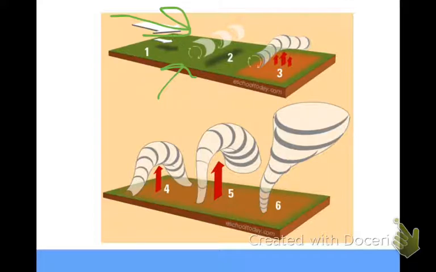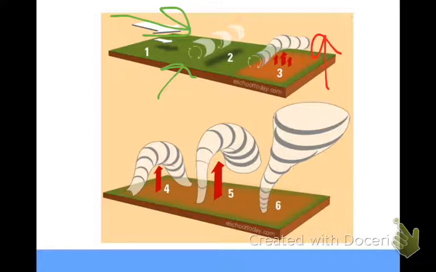Well, we know that thunderstorms are going to have a strong warm updraft. So if you have this rolling air that's actually horizontal on the ground, this warm updraft will lift up that horizontal column of air or horizontal row of air and make it into a column within the cloud.